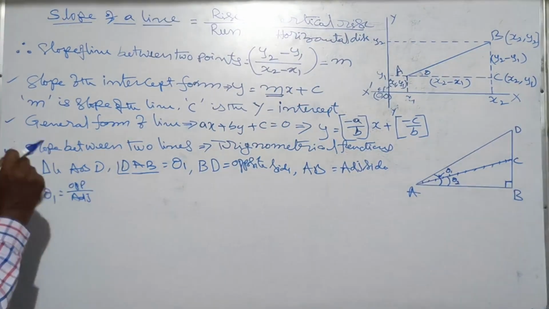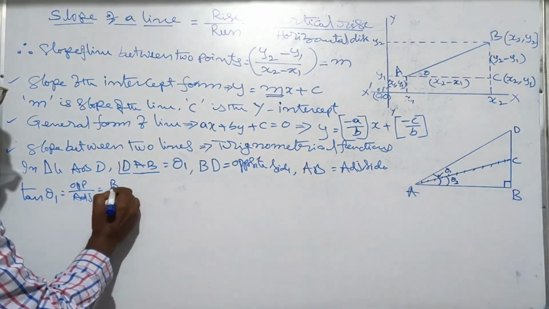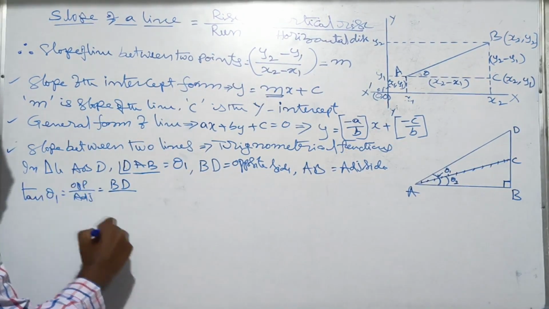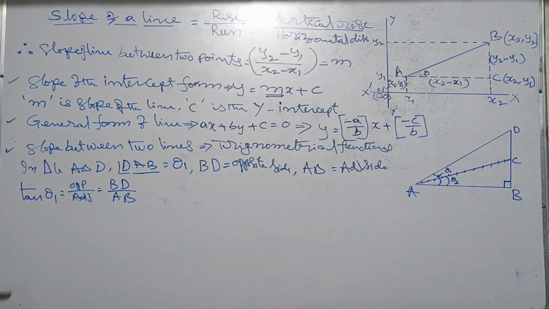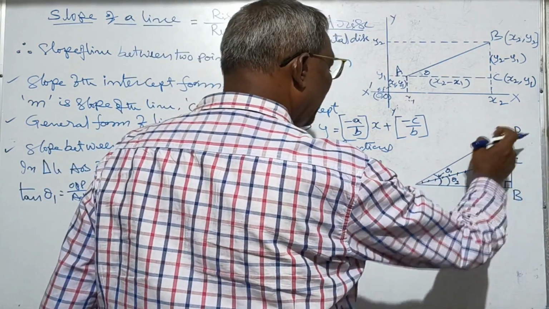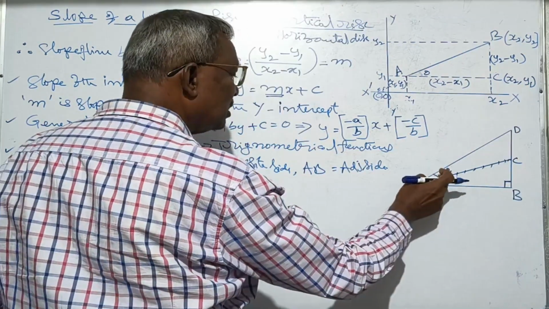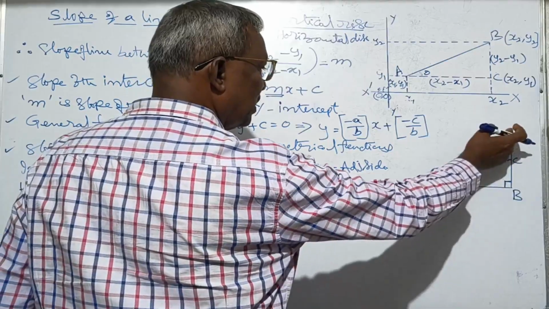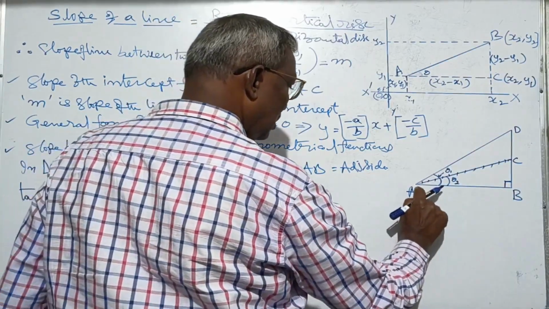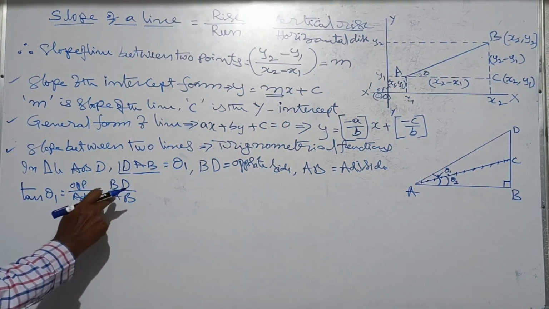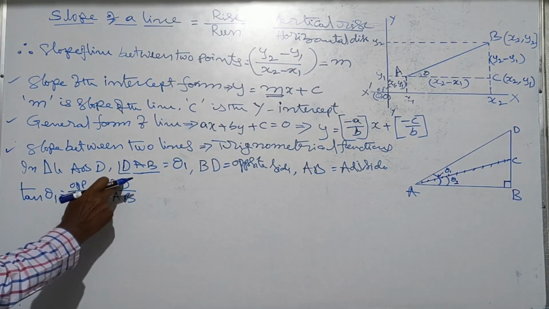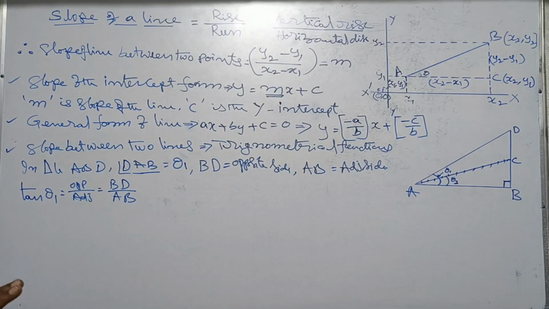What is the opposite side here? BD. What is the adjacent side here? AB. Tan theta 1 is equal to BD by AB. It is very clear, this is the trigonometrical function.